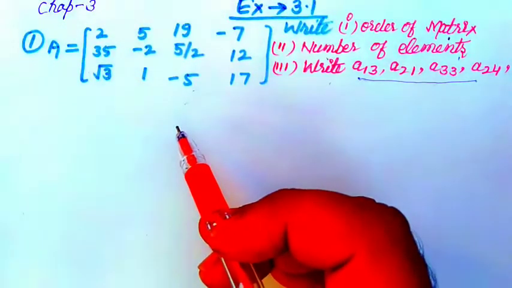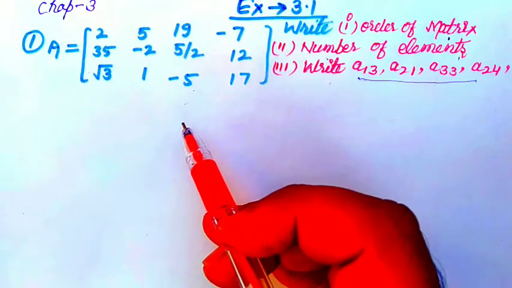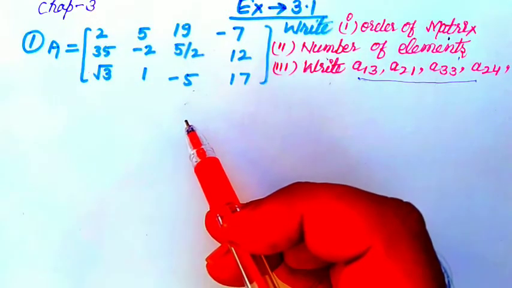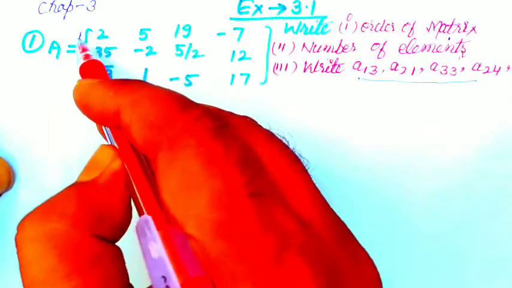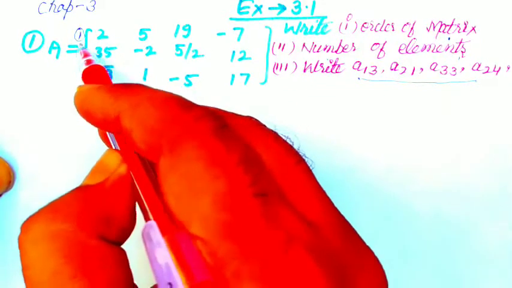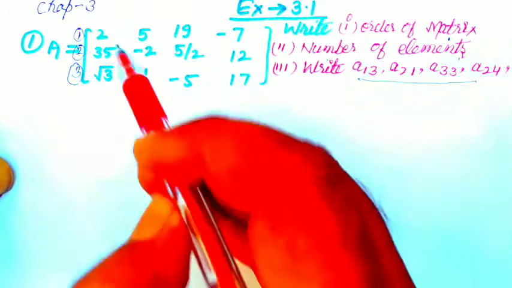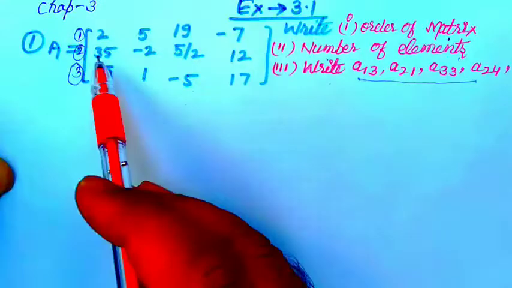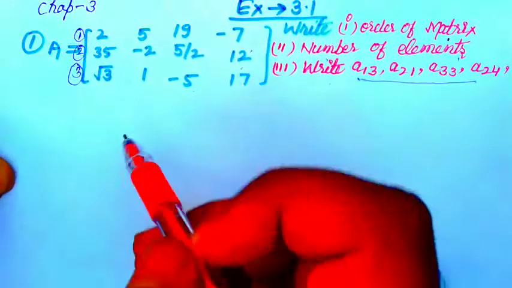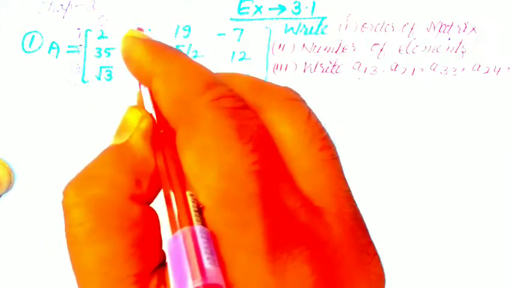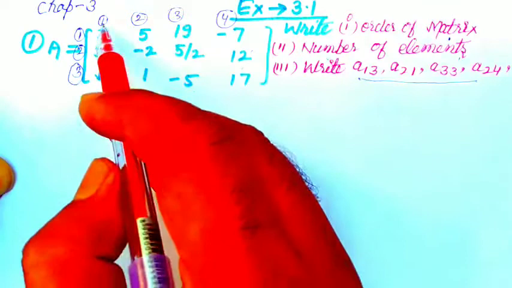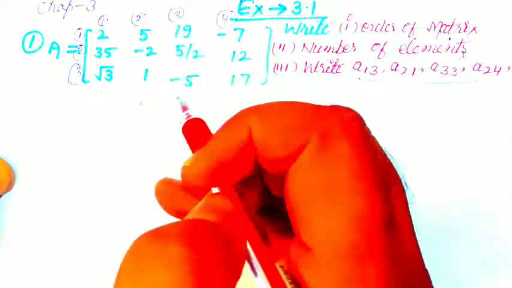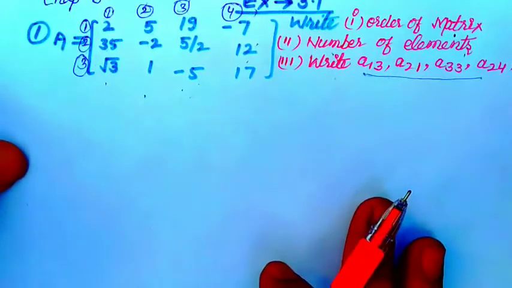Earlier in my introduction video I told you that we can count rows from top to bottom and columns from left to right. So let's see here: 1, 2, 3 rows and 1, 2, 3, 4 columns.